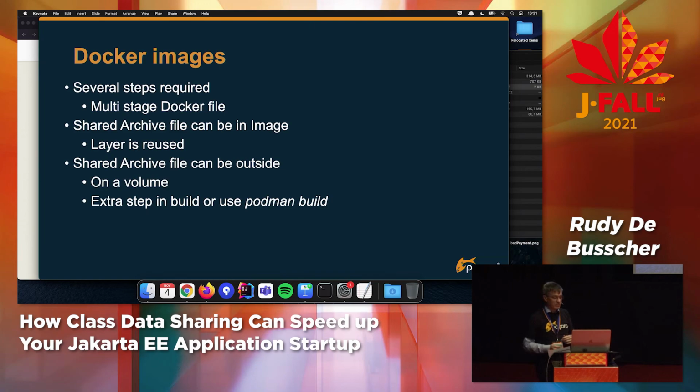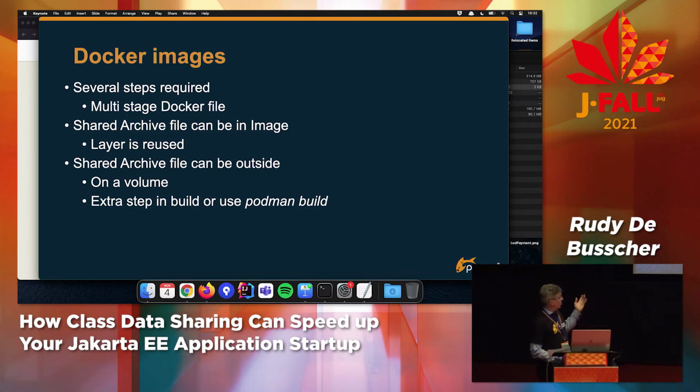Then your application is not making use of it, but all the rest is, and you still have a very efficient Docker image where only the application layer needs to be changed with your application.